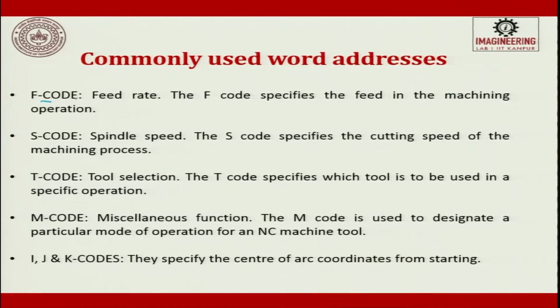Then we have F for feed rate, S for spindle speed, T for tool number, M for miscellaneous code, and I, J, K codes, which specify the center of the arc from the starting point. I, J, K or R command can be used. The R command can be used for a radius. If you call a canned cycle, the R command is used for the reference plane.